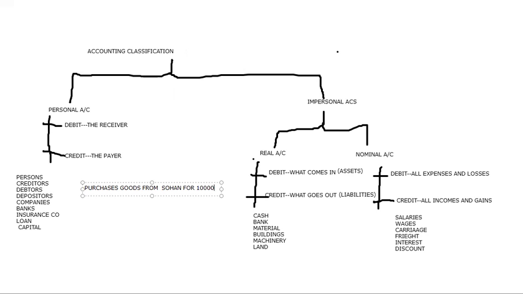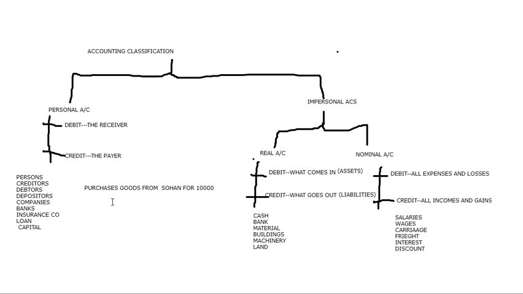So here, how am I going to do it? Now I said purchased goods from Sohan. Now I'm going to divide it, I'm going to split it. When I'm splitting it, there are two things. What is the first thing? It's goods.